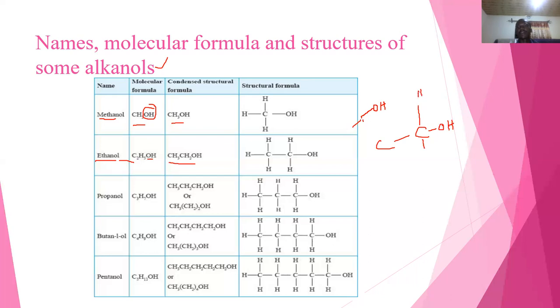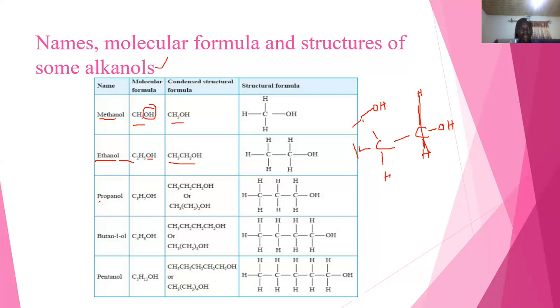Then there are hydrogens, not hydrogen bonds, but covalent bonds. We have another one like that, so 1, 2, 3, 4. Then hydrogen, hydrogen, hydrogen, hydrogen, just like that. That is how you will be able to draw even the rest.